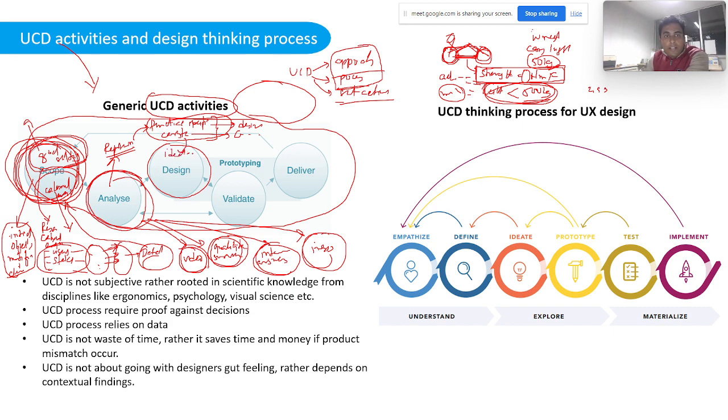You ideate a lot of solutions, then you design not one but several concepts, and you select among them while validating the concepts with the user. So here you do user testing. You can also do formative evaluation. User testing and formative evaluation are a little different.